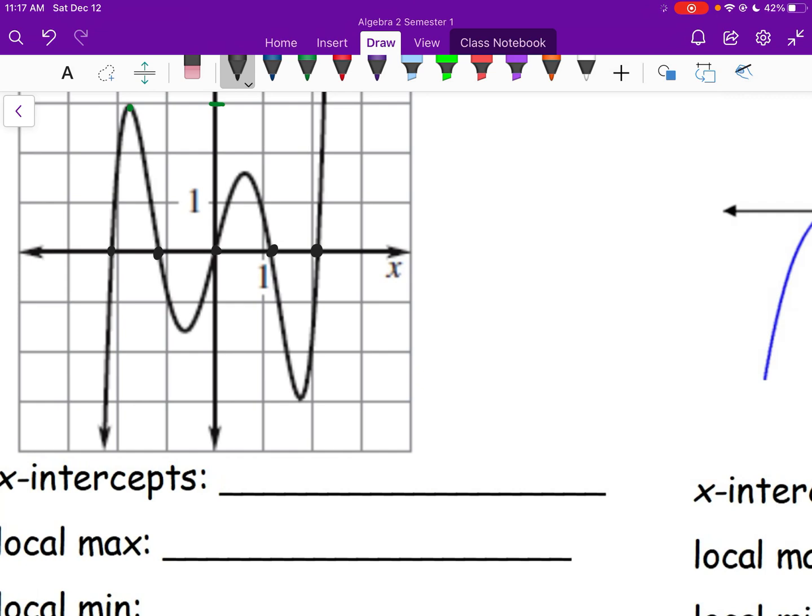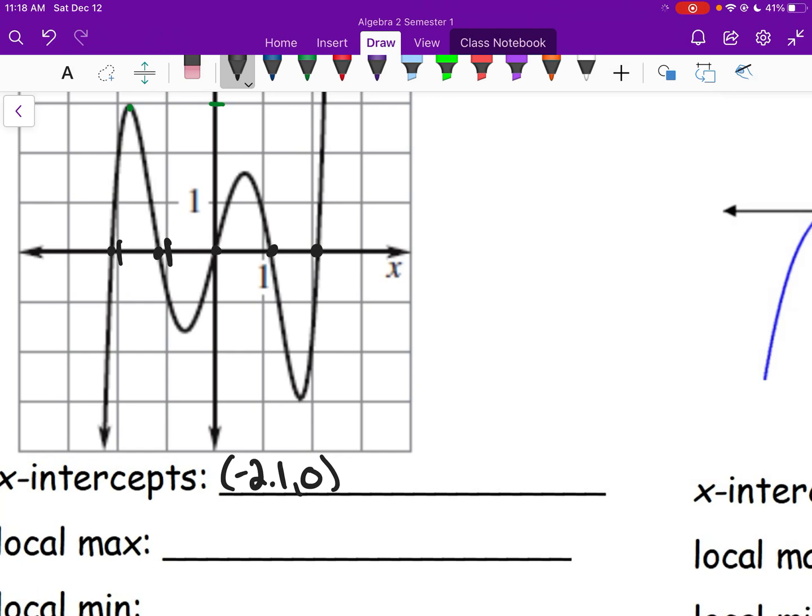Now, when I ask for an x-intercept, that is a point. So when I ask for these x-intercepts, you need to write it as an ordered pair. So for that first one, I'm going to work from left to right here. -1, -2, and it goes a little bit beyond that. So I'm going to say -2.1. And for an x-intercept, that y-coordinate is always 0. Okay, so the next one, -1, and then just a little bit beyond that.